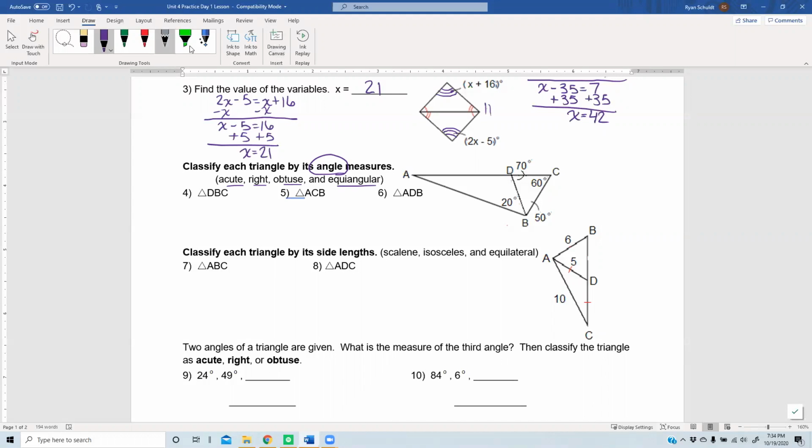So first, let's look at triangle DBC. So that's that one. Now, if I look here, they're all different angles, but what types of angles are they? They're all acute.